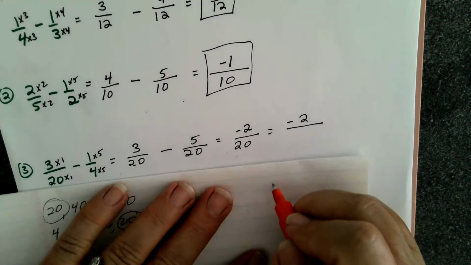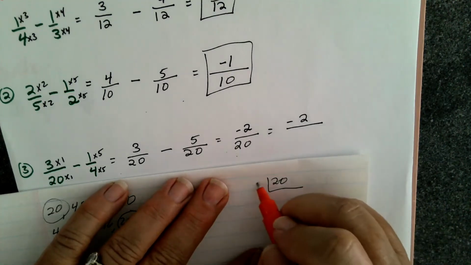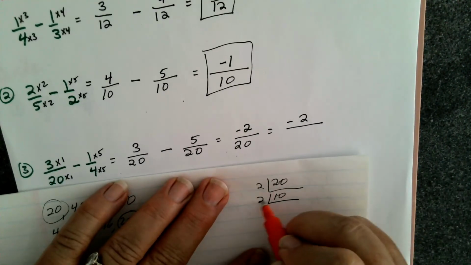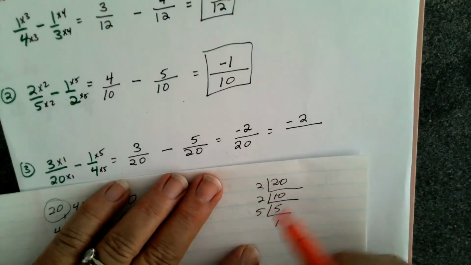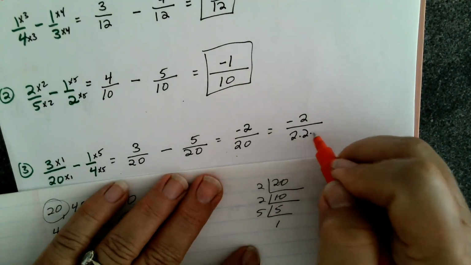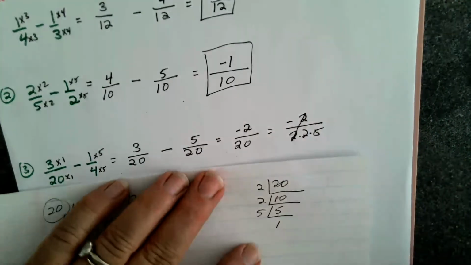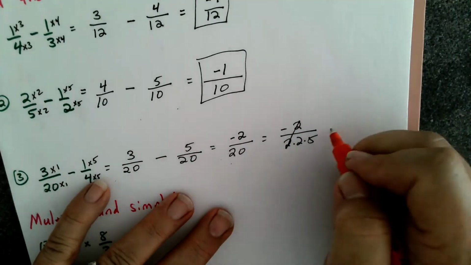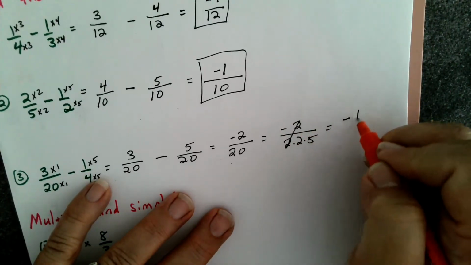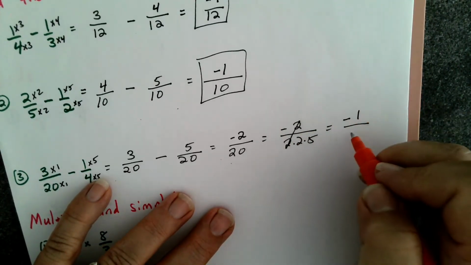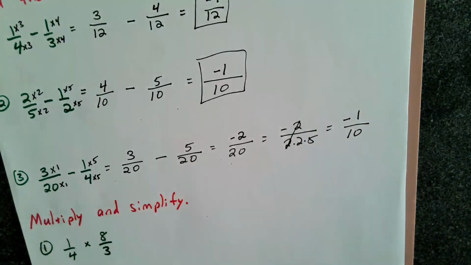So if I take my 20, I know 2 goes into it 10 times. 2 goes into that 5 times. 5 goes into that 1 time. So I have 2 times 2 times 5. Again, I can cancel that 2 from the numerator and the denominator, and when everything cancels, it's not 0. I have a 1 understood there, so I have a negative 1 divided by 10, and that would be my answer.